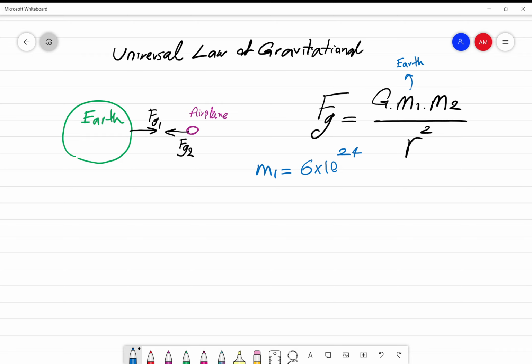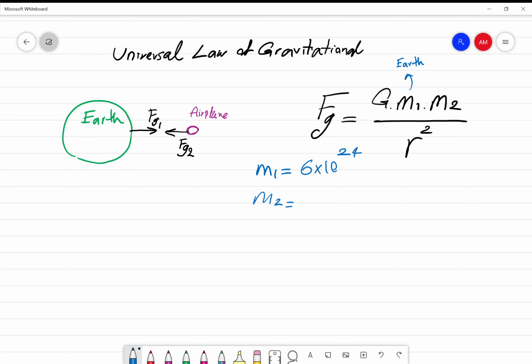So I'm just going to write here that M1 is Earth. And so mass of object number 2, let's make an assumption for that too. So what do you think the mass of an airplane is going to be? Let's say not very large airplanes, let's say average or small airplane, 100 people inside. So 100 times average of person, let's say 75, 7,500 kilograms.